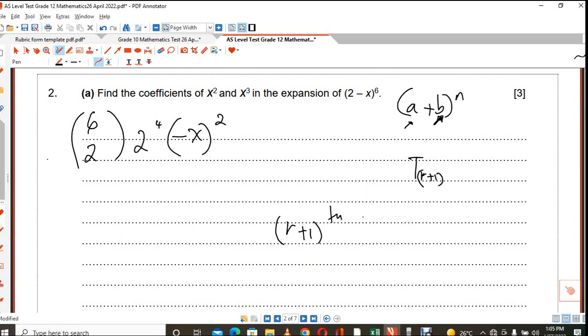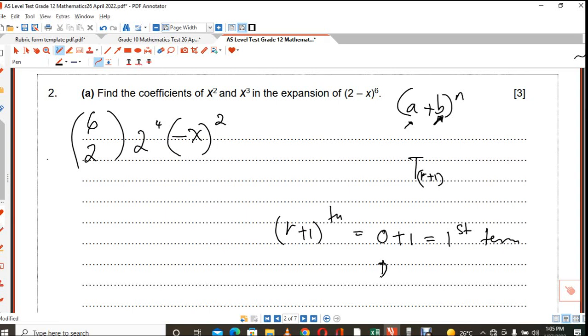What is the first position? What will r be for the first position? First position, you will say 0 plus 1. That's the first term. Is it not so? Okay. The second position, r will be 1, so it's 1 plus 1, which is 2. You follow?